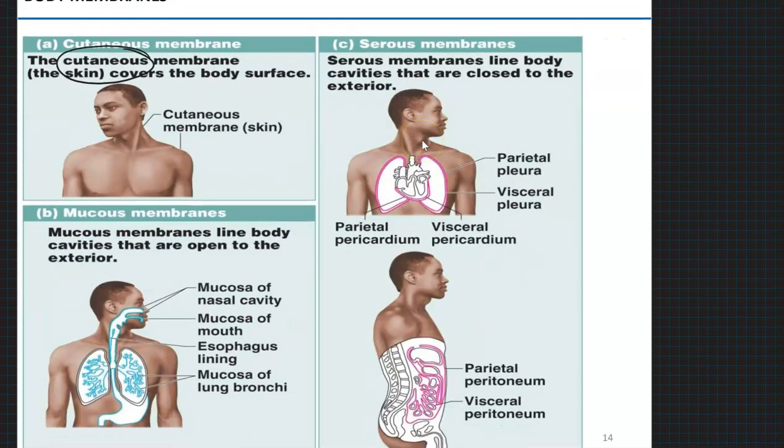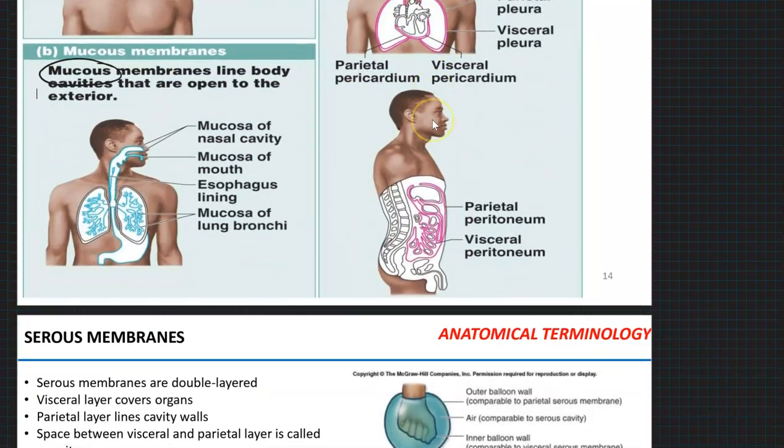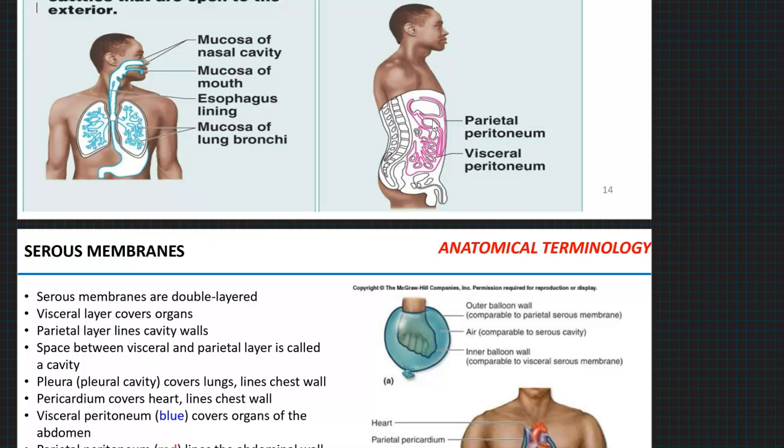Honestly, my favorite are mucosal membranes, because this is where most fun happens. Mucosal membranes, now hear me out, and we're going to go through this together. They cover bodily surfaces that are exposed to the outside world, but aren't skin.